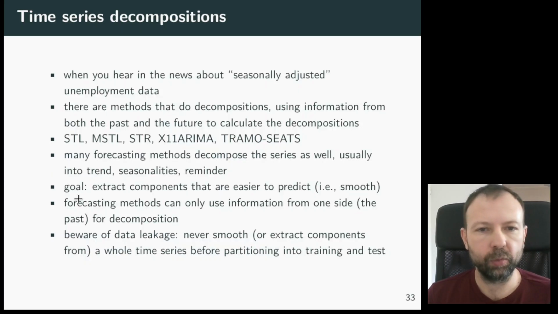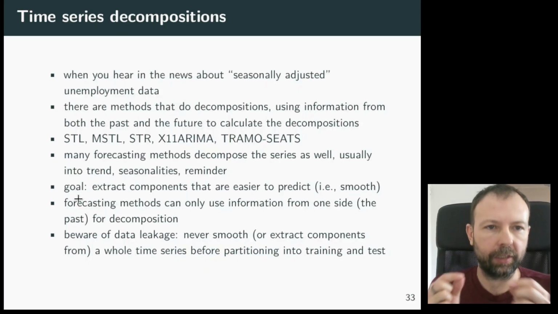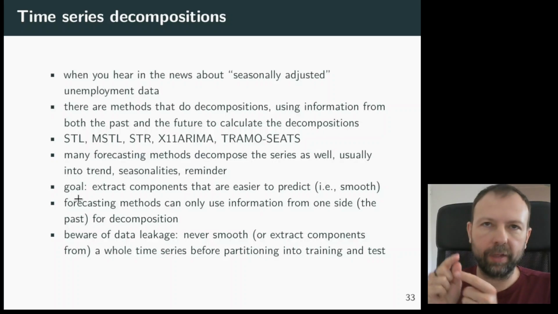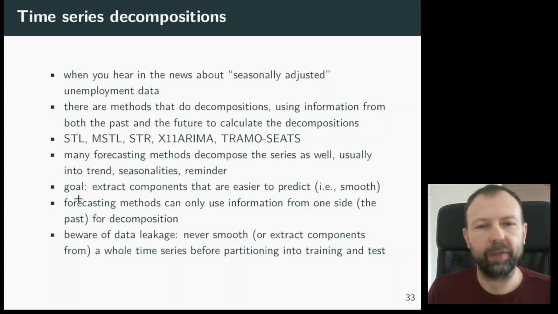You should never smooth or extract components from a whole time series before partitioning into training and test, right? Because STL uses data for each data point from the future and the past. So if you cut the trend component, you would have used data from the future already in the past.